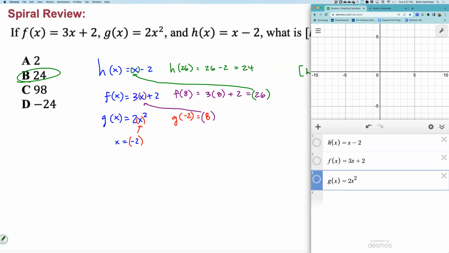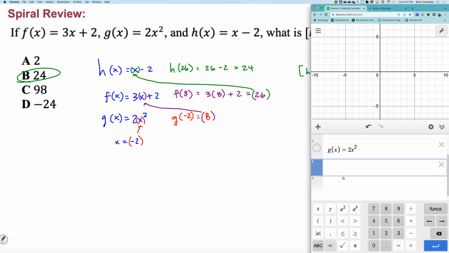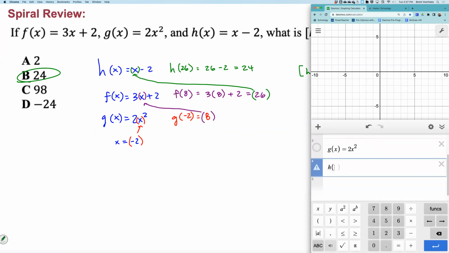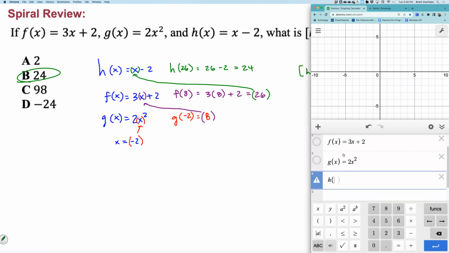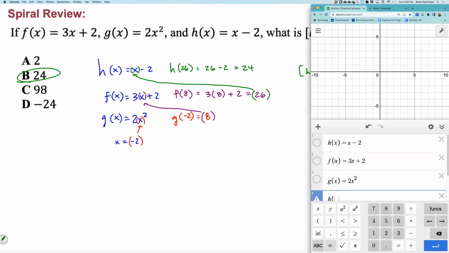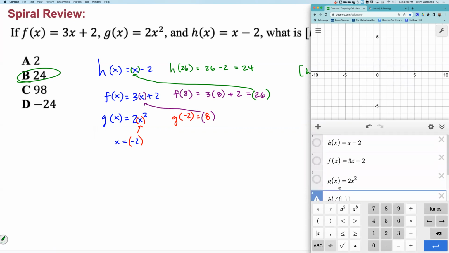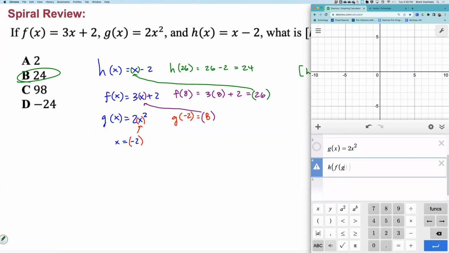What we would be doing is taking the f equation into the h and the g equation into the f, and so you could type that in literally like this. You type in h parentheses, and what got substituted into h's equation, if you remember, was f's. But f had something substituted into it. It was g's equation. But g had something substituted in for x. It had -2 plugged in. And so you could also get 24 that way.